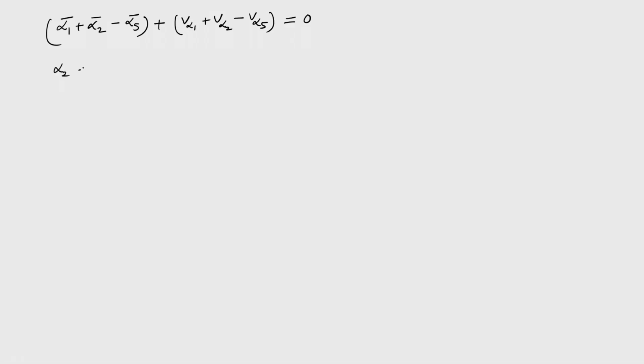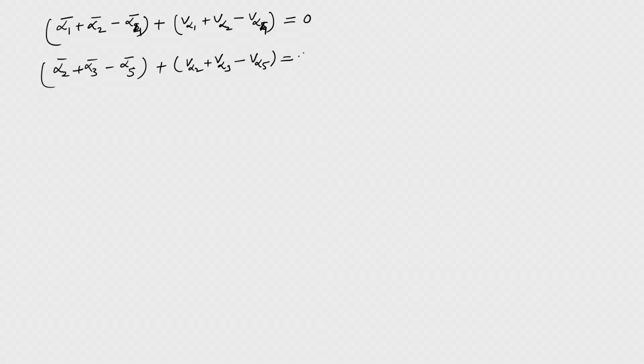Similarly, I can write alpha 2 bar plus alpha 3 bar minus alpha 5 bar plus V alpha 2 plus V alpha 3 minus V alpha 5, and I can write it equal to 0.